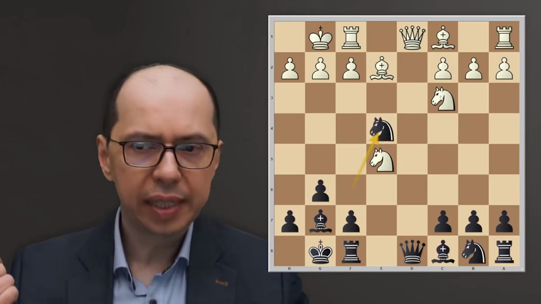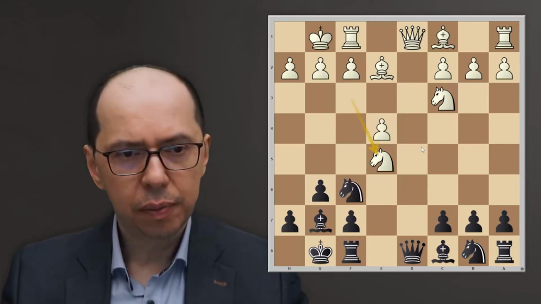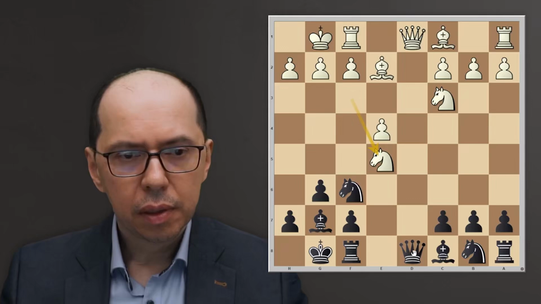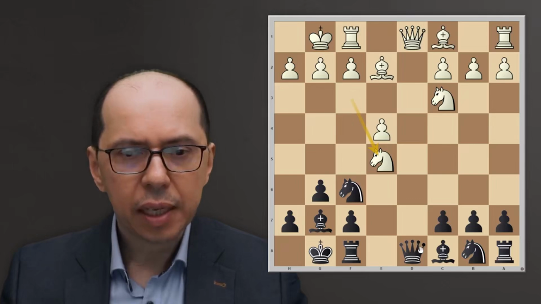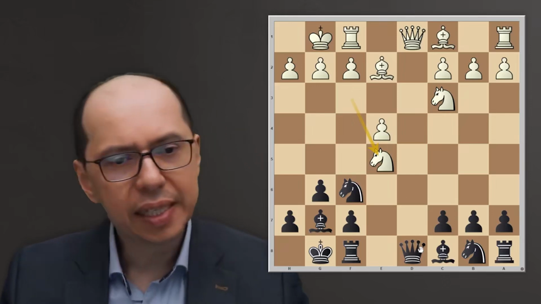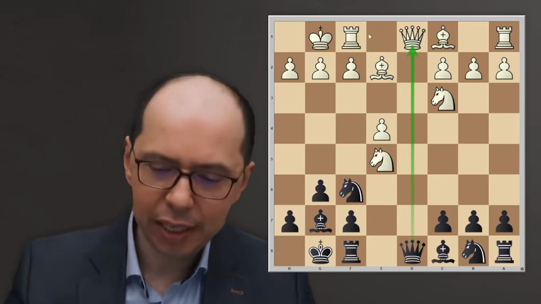We should go knight takes e4 first. So if you go queen takes d1 here, rook d1. Yeah, now I'm getting it.